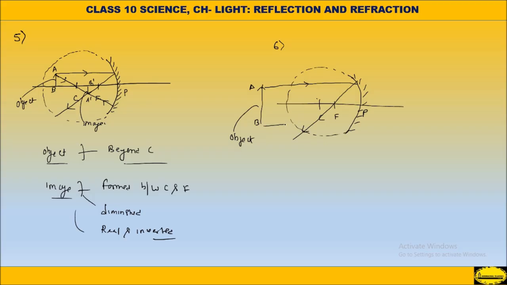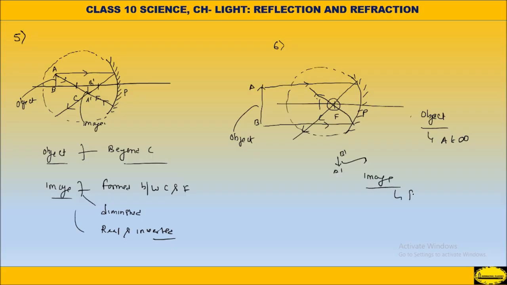A ray of light parallel to the principal axis. After reflection, it passes to the principal focus. So image formation will take place at principal focus. The image will be very small, A dash B dash. Where the object is placed at infinity. And what about the image?